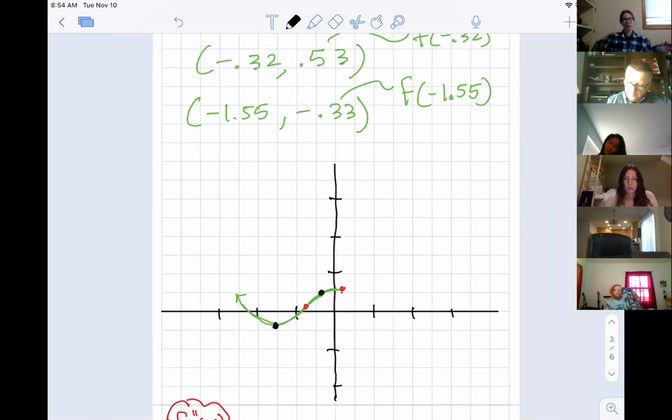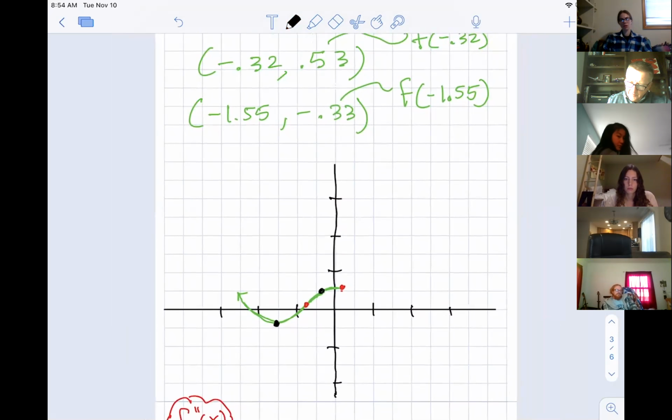I'm going to label all these really quick, and I'll just round them off so that they're a little smaller.